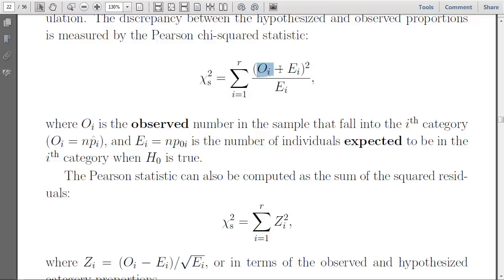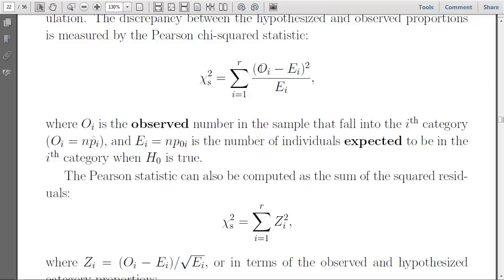That's if our observed and expected are close to each other. If what we observe is quite different than what we expect, then our chi-square statistic is going to be large. So small values of chi-square are consistent with the null hypothesis, and as the chi-square statistic gets large, that's growing evidence against the null hypothesis. Notice that the chi-square statistic is always going to be positive, and only 0 if all the observed are exactly the expected, and that doesn't happen in practice.